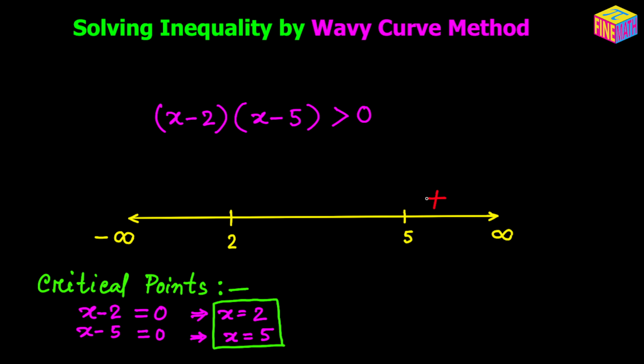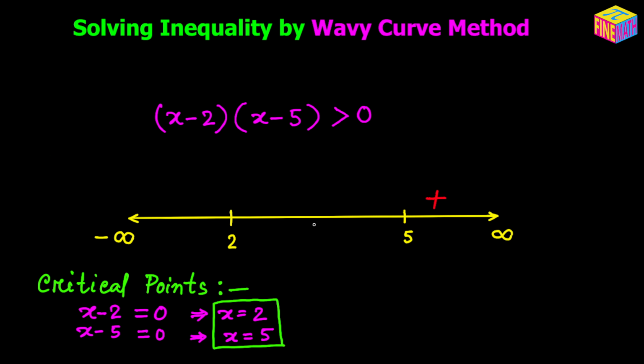And that is why I am putting a plus sign there. So that part of the real number line which is beyond 5 is always going to be positive for this example. And then if you think about the portion between 2 and 5, if you pick any number, that zone is probably going to be negative.